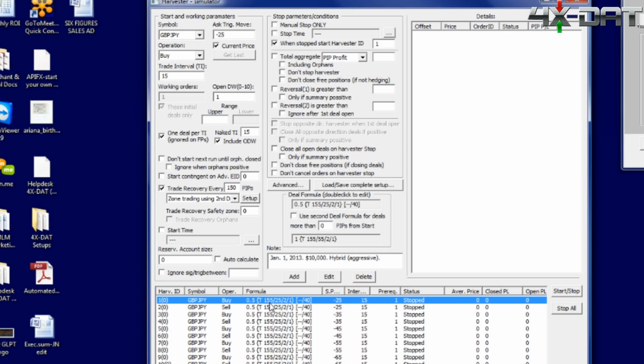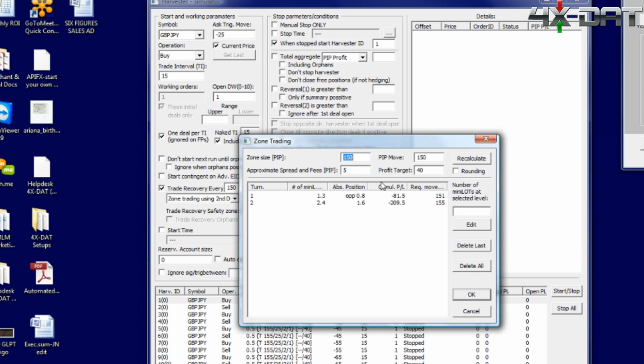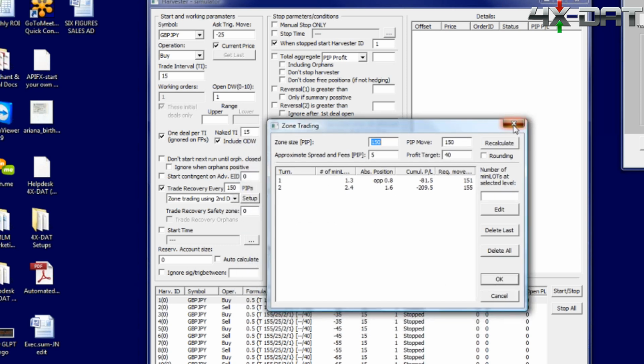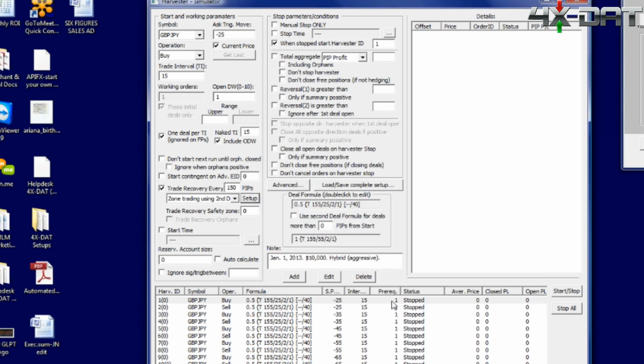This is almost like support: when the market goes against the original trade, the support or the recovery will be deployed, and it's designed to turn each trade into a winning trading sequence. Sometimes it will take longer, sometimes it will happen very quickly, and that really depends on the market.